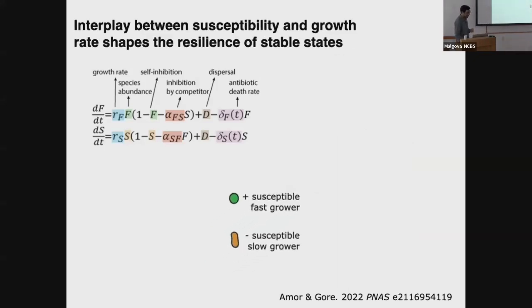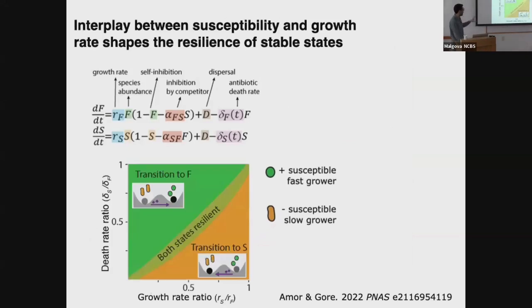And we can actually draw the phase diagram for how these transitions happen. And we could draw them on the axis of the ratio of the two death rates. So here we fix the death rate of the first species, and we decrease the other one.